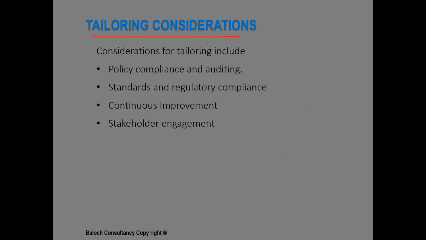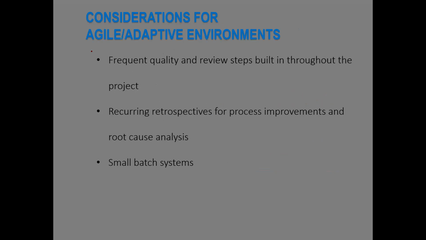Tailoring considerations while you are developing your plan, doing quality assurance and control activities, you can take these into consideration: policy compliance and auditing requirements, standard and regulatory compliance, continuous improvement, and stakeholder engagement. Consideration for agile and adaptive environment. Tanya, can you please read this for me?